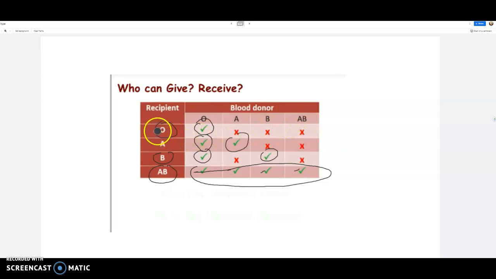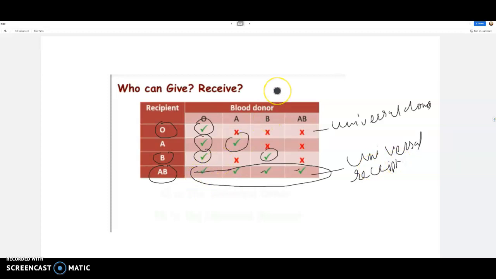O has both the antibodies A and B, so it cannot get it from any of these blood groups. So we say that O is the universal donor, that it can give to any blood group, and AB is the universal recipient. That means it gets blood from any of the blood types.